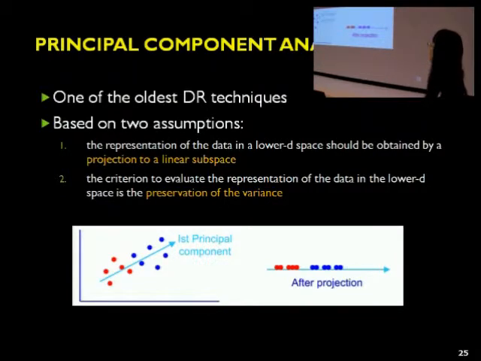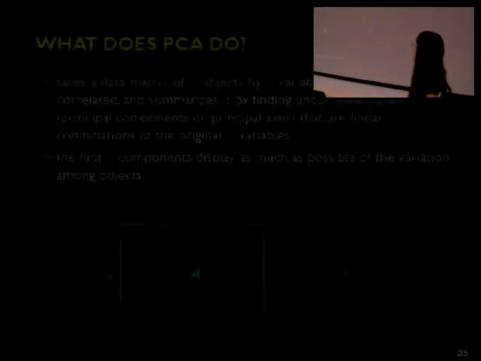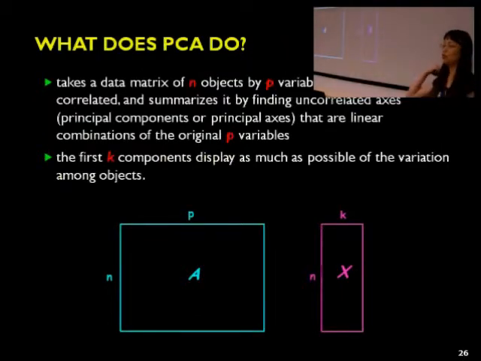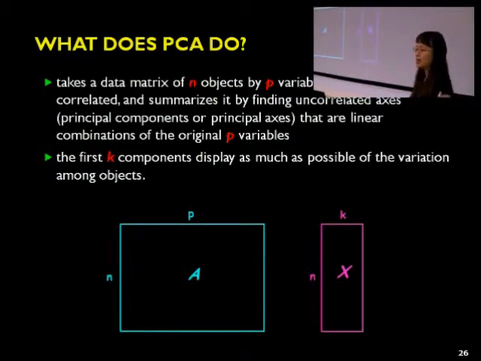So basically, you try to find an axis in your data that maximizes the variance as much as possible for the first principal component. This algorithm takes a matrix of n objects by p variables, which may be correlated, and summarizes it by finding uncorrelated axes, also called principal components, that are linear combinations of the original p variables.